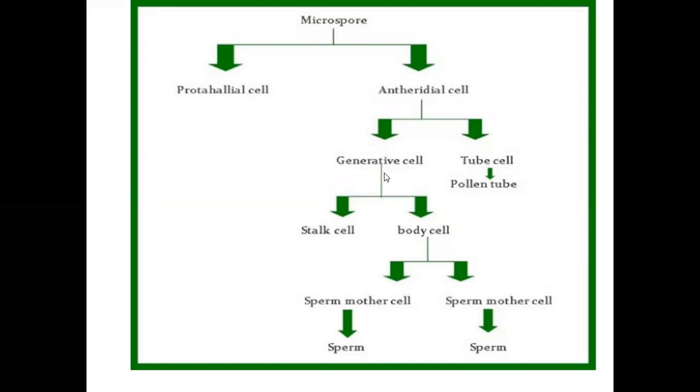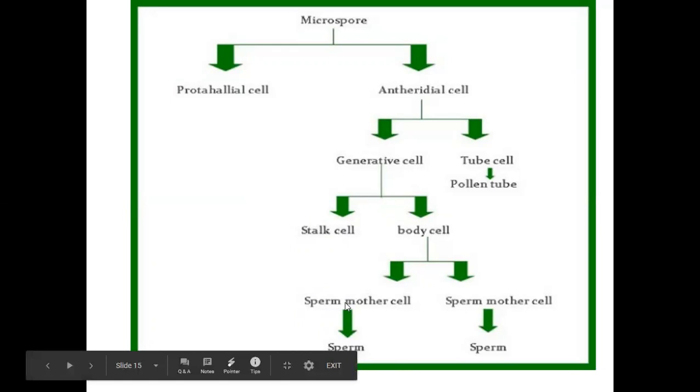After 9 months, the generative cell participates in division to form 2 cells. One is the stalk cell, another one is the body cell. The body cell again participates in mitotic division to form 2 equal cells.